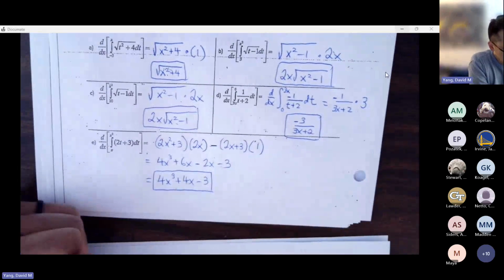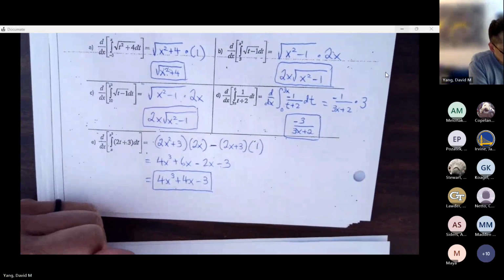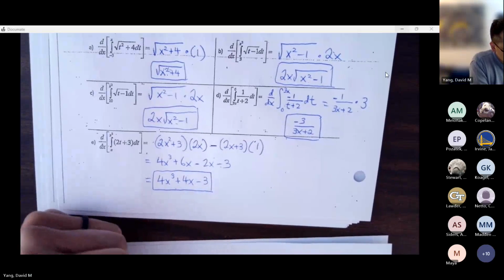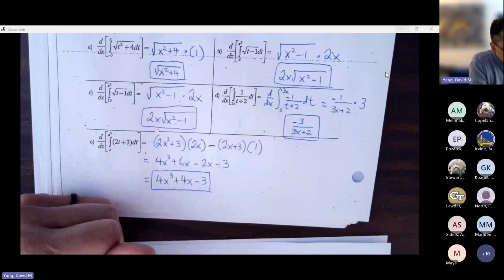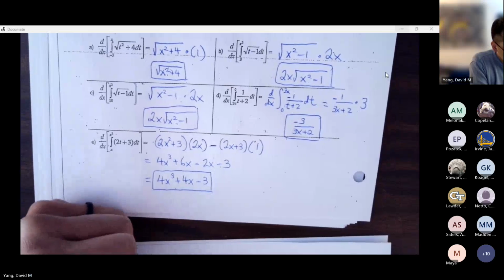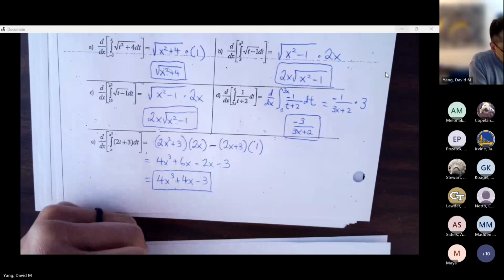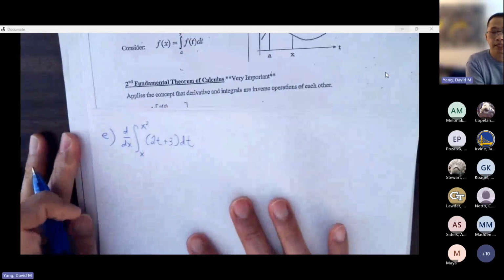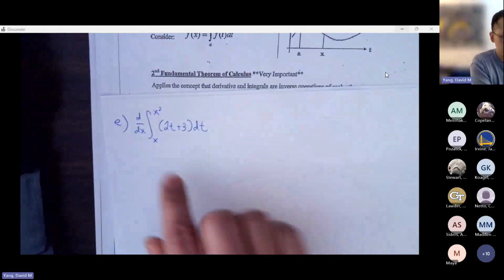So I'm going to try part E again, but using the process that we've learned from previous sections.